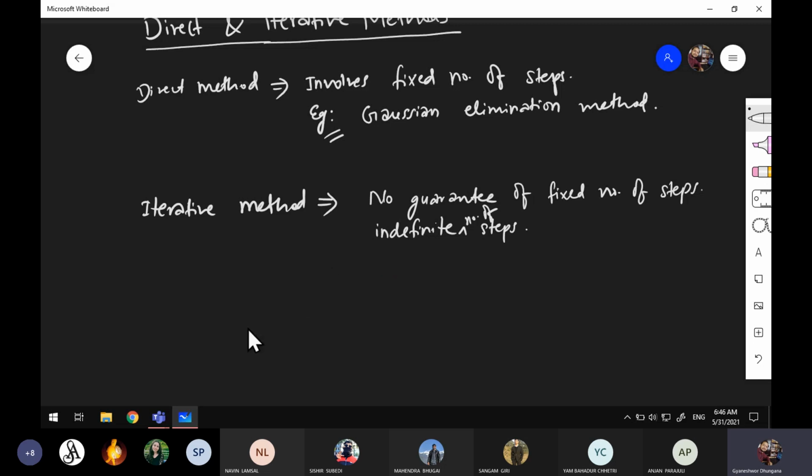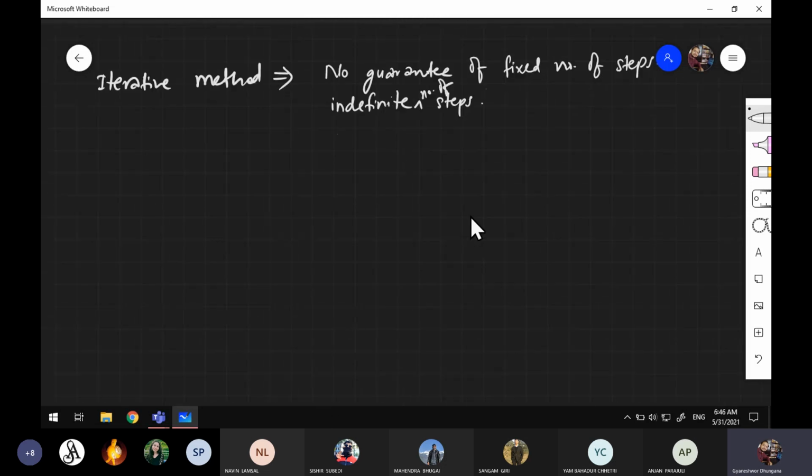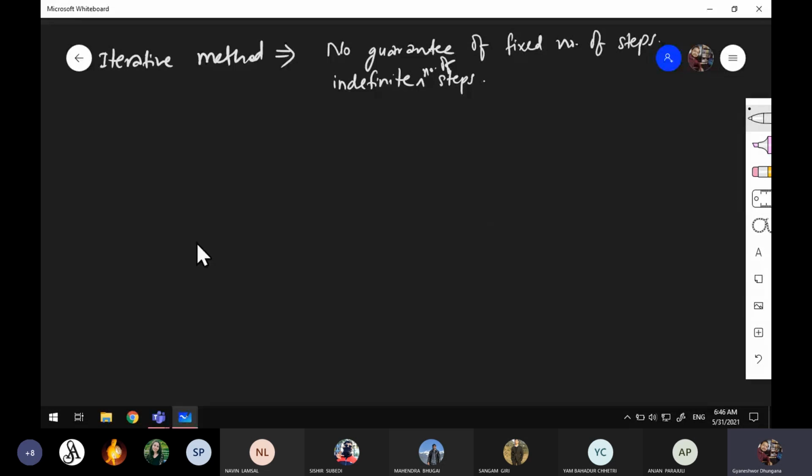Okay, so in the iterative method we always use a certain pattern of problem solving, and that pattern is like this.